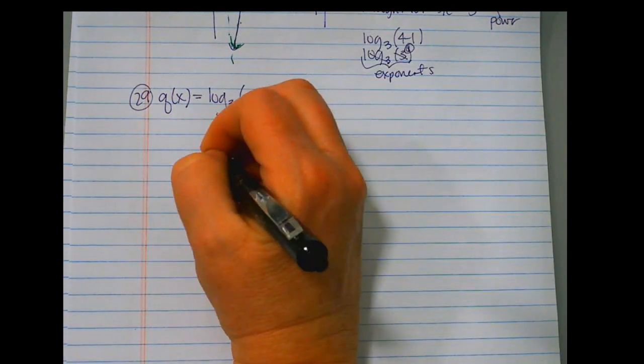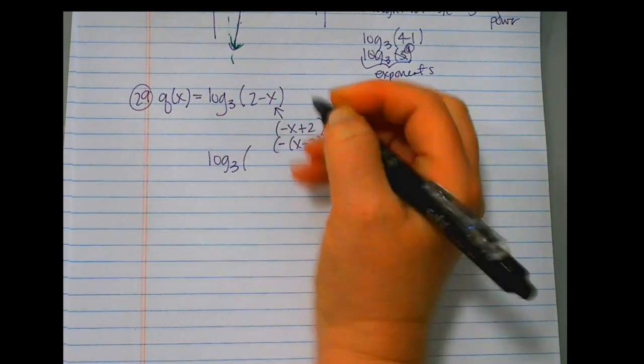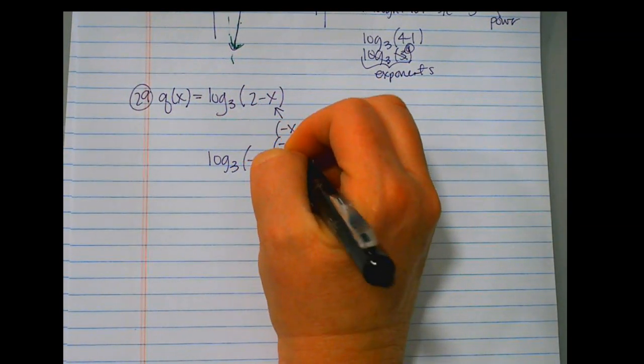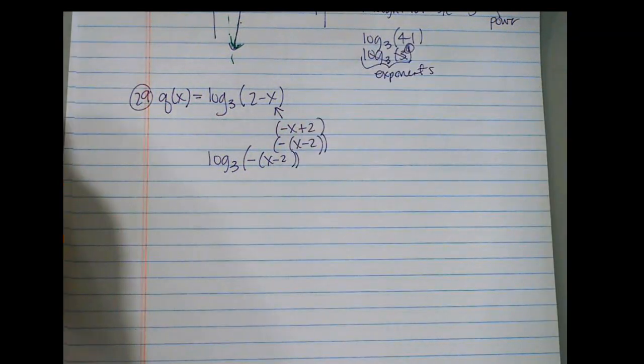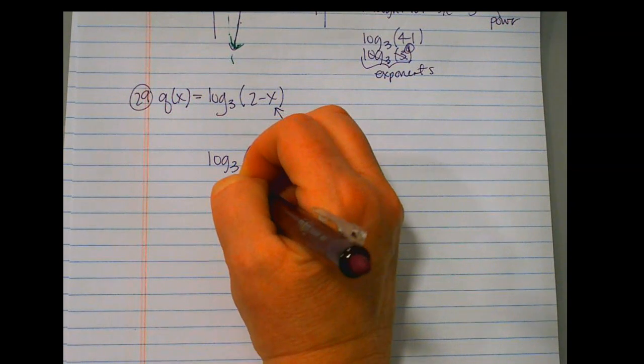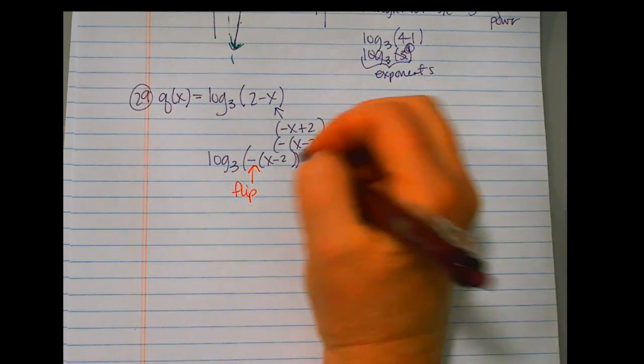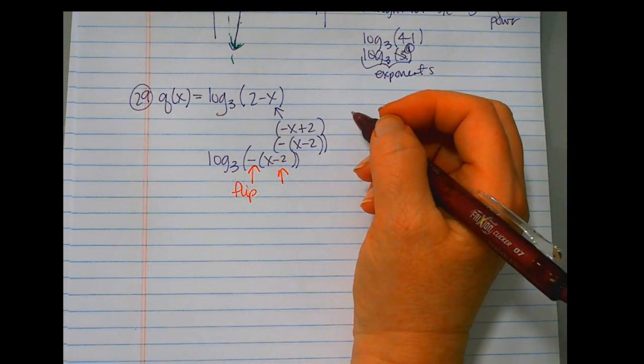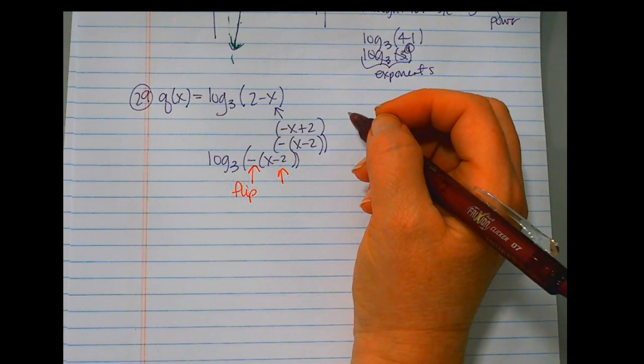So if I rewrote this as log base 3 of negative (x minus 2), the translations become more obvious. This is a flip, and this is a negative 2, so a right shift of 2. How about that? Does that make sense?